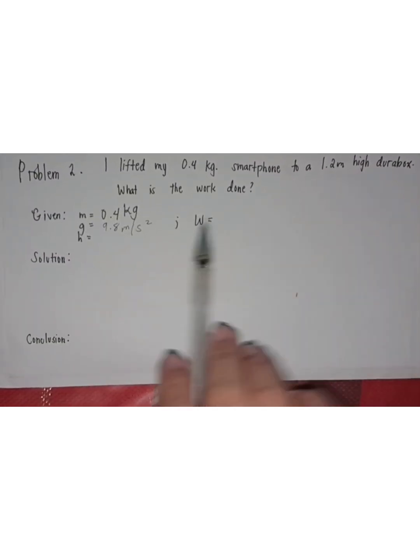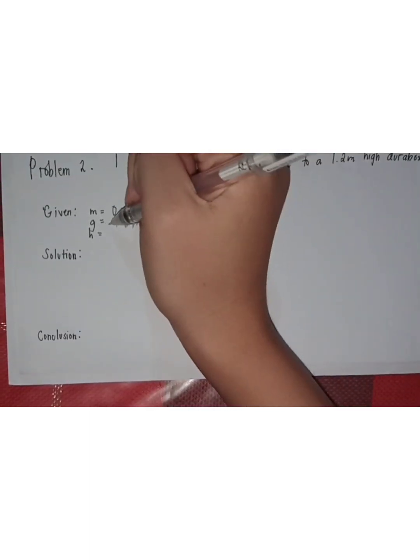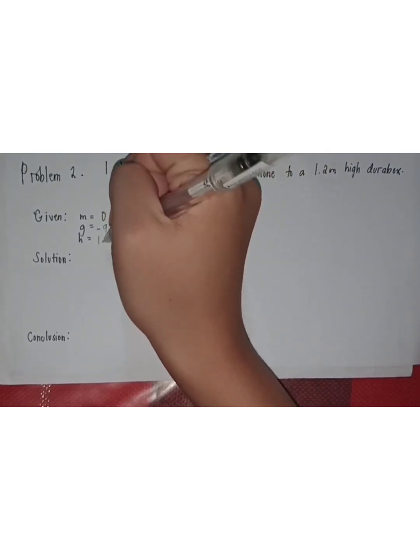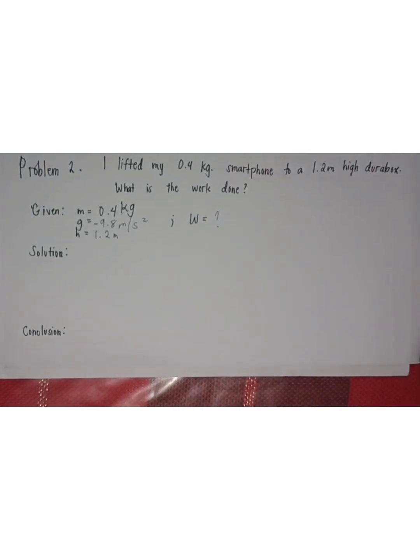But wait, because the work done here is against gravity, the acceleration due to gravity will be negative 9.8 meter per second squared. The given height is 1.2 meters, and the work is what we are going to find. Work is unknown.